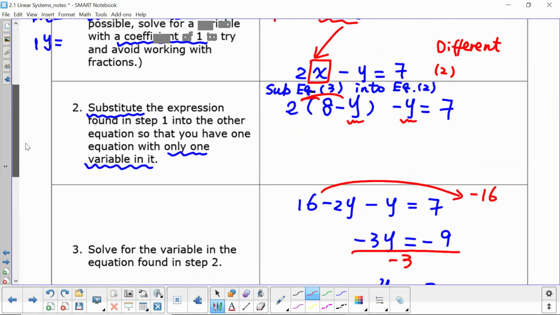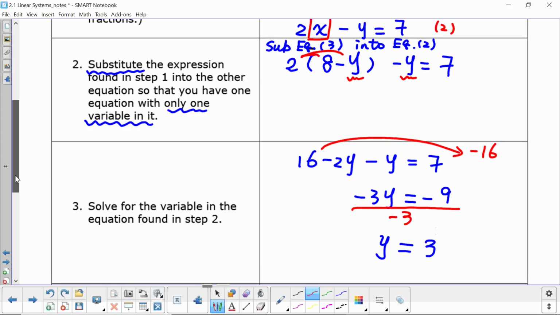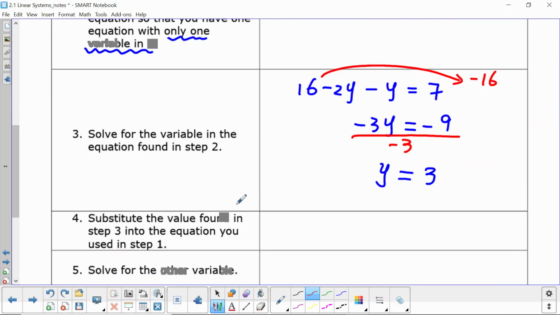You have the x and the y in the original equation. So you found y, you also need to find x. We are going to use equation 3 to solve for x because x is isolated. So we substitute y equals 3 into equation 3.